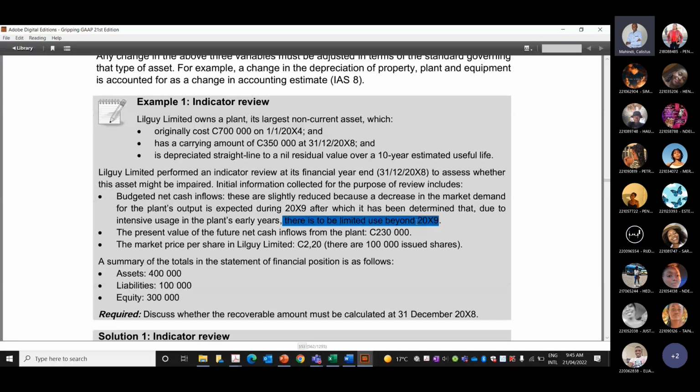Can anyone tell me? How many years would the plant be used for if it is used until the end of 20X9? 5. Is it 5 years?